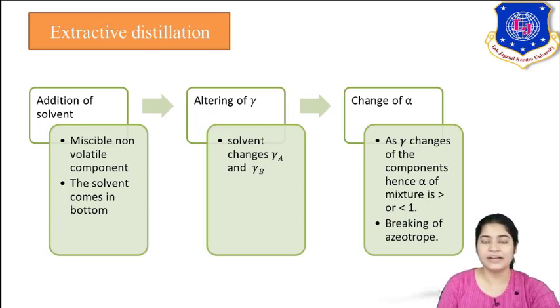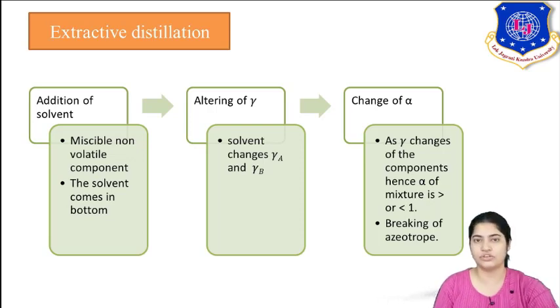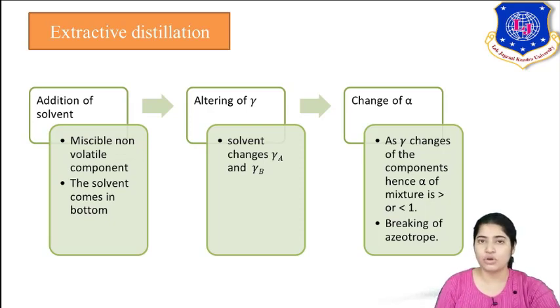Unlike the entrainer, which in azeotropic distillation formed another, low boiling azeotrope, here your solvent alters the activity coefficient of your initial feed. Suppose my feed is composed of A and B. So my solvent, what will it do?